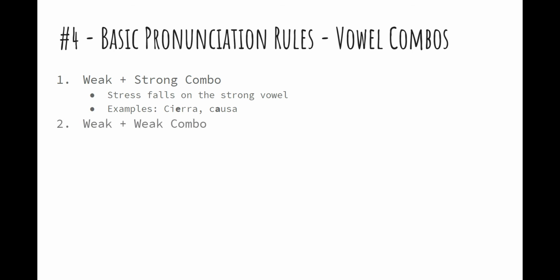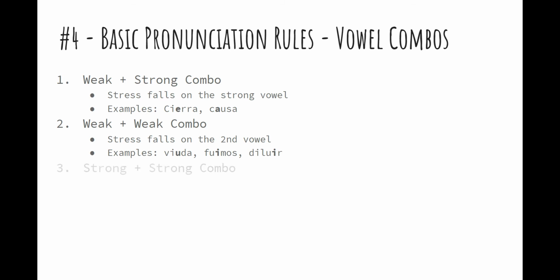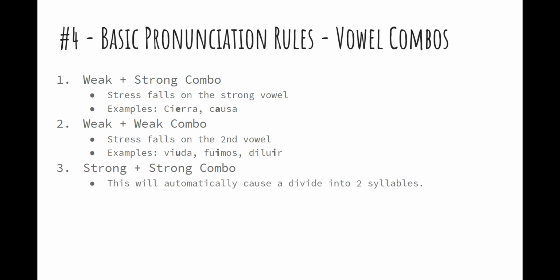If we have a weak-weak combo, then the stress is going to fall on the second syllable in line all the time. So, for example, viuda, fuimos, diluir. If you have a strong-strong combo, this will automatically cause a divide into two syllables. That doesn't automatically happen with the other two.